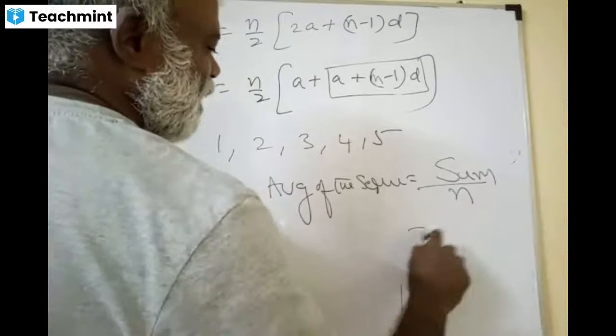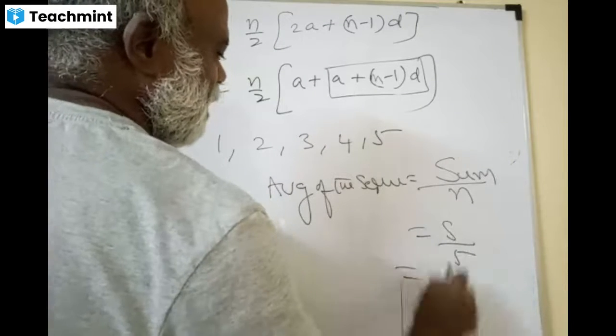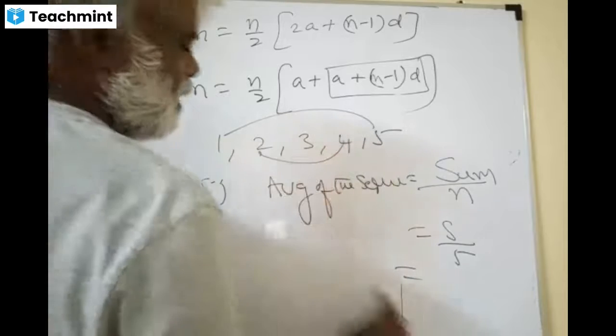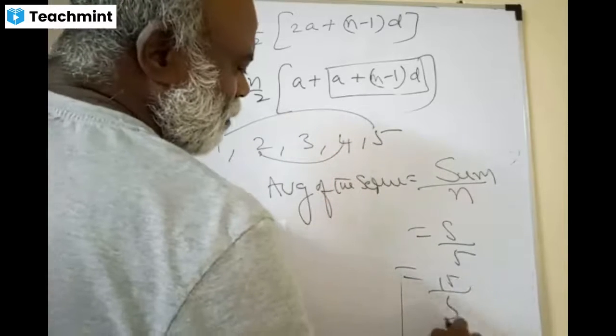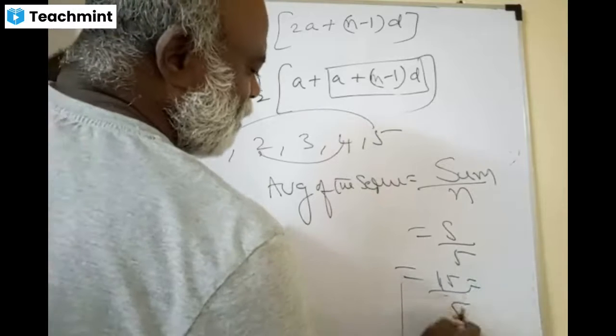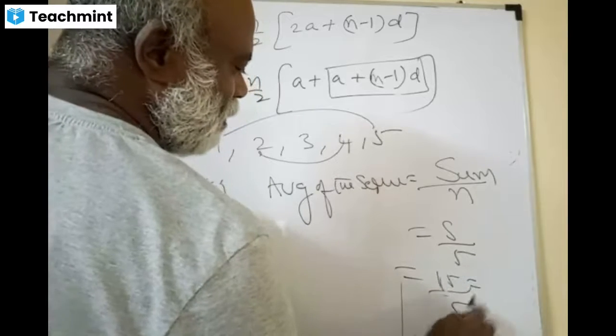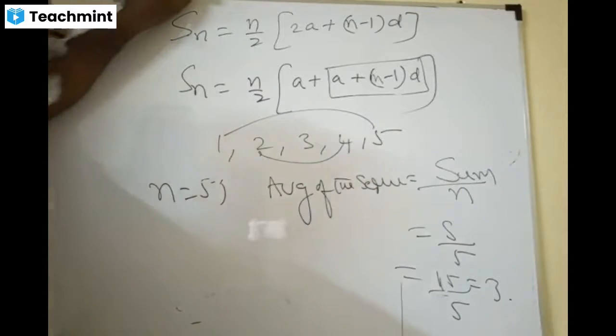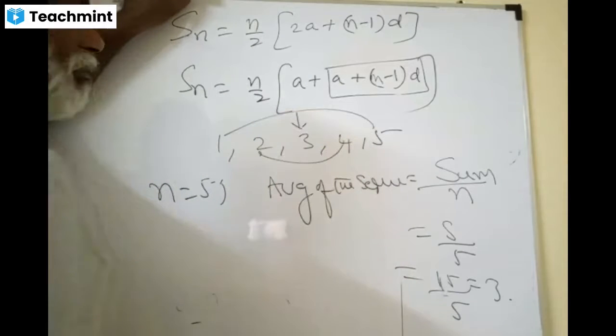So n is 5 here, the sum by 5. Sum all the numbers: 6, 8, 12, 12 plus 3, 15. 15 by 5, right? So what is 15 by 5? 3. Is it not the middle term, dears? Yes, sir.